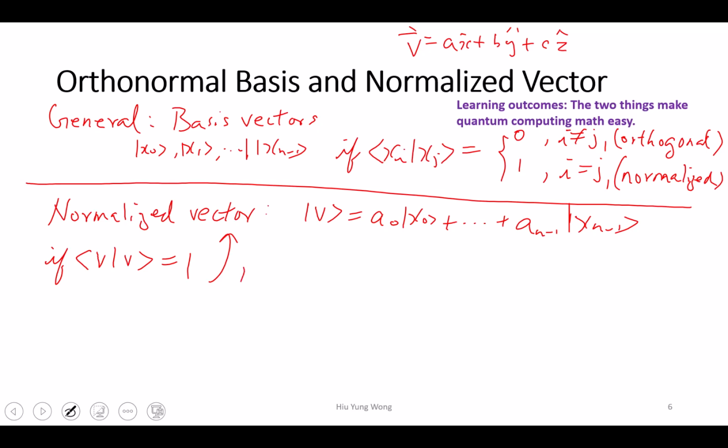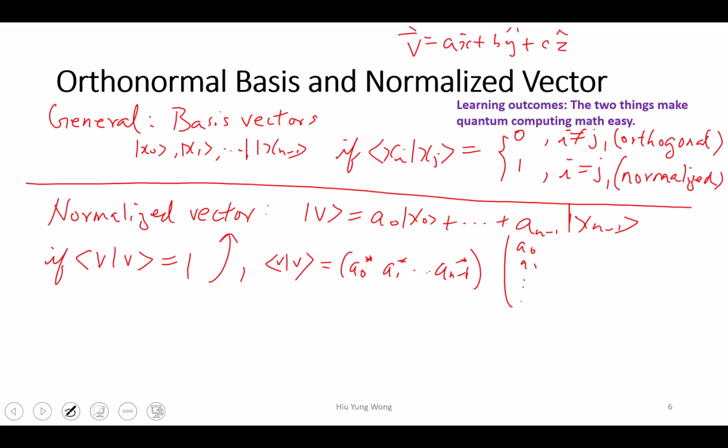What is V dot V, the inner product of V with V? I'm going to use the matrix form. You can also use the expression to do that, but I'm going to use the matrix form. This equals a0 star, a1 star, all the way to an minus 1 star, times a0, a1, all the way to an minus 1. I hope you are very familiar with this notation now.